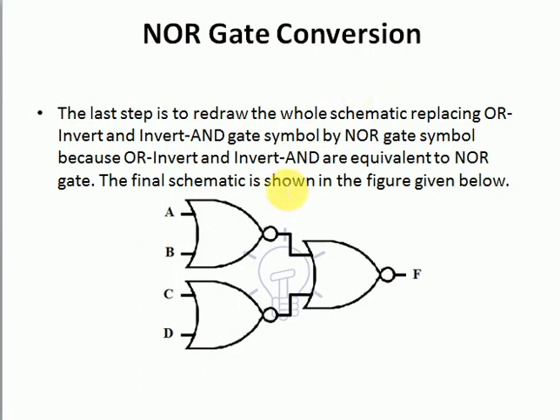The OR-invert is the NOR gate, and the invert-AND gate is replaced by the NOR gate. This is how we get the final schematic. We implemented a simple Boolean function in the form of POS, then drew the mixed notation, and at the end replaced the mixed notation with NOR gates. By this we can implement a circuit having only NOR gates.